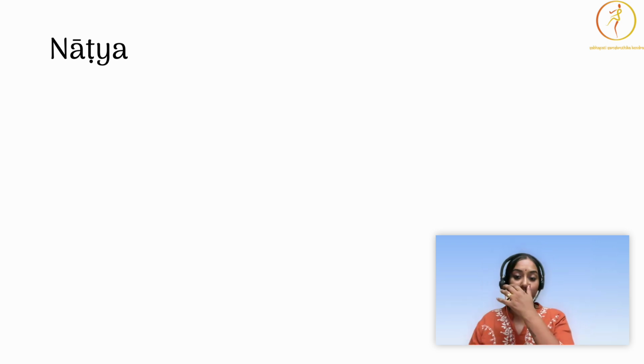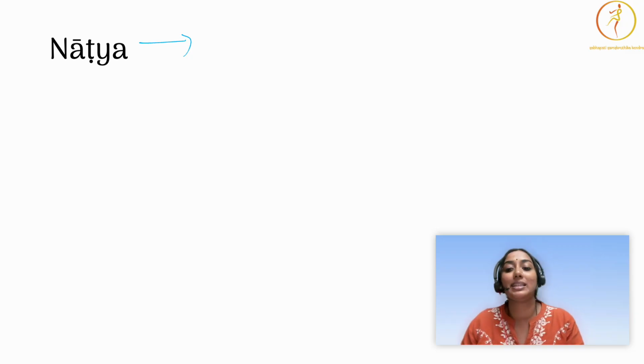Now we will come to the forefather of everything, which is Natya. Bharata has extensively spoken about the term Natya in his Natya Shastra, its definitions, its explanation, and let's go shloka by shloka.